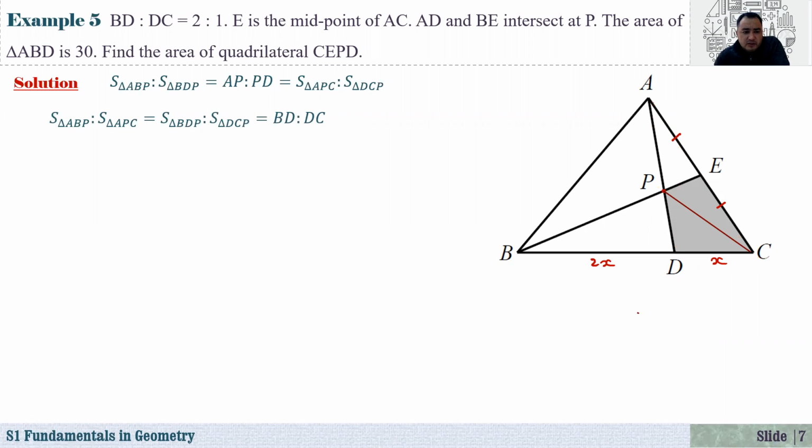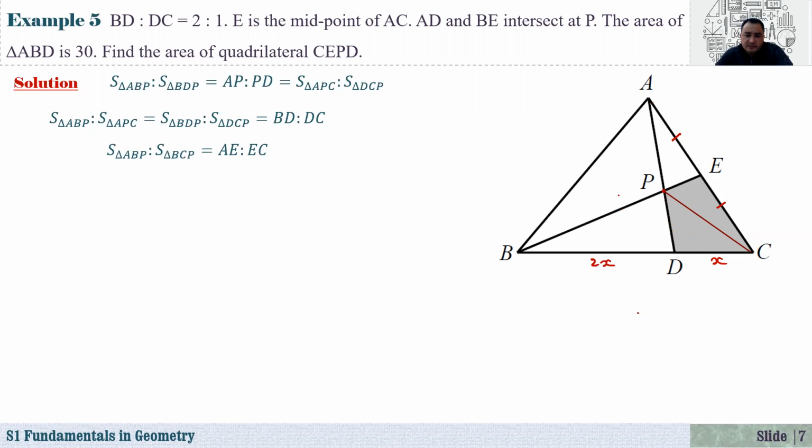On the other hand, the ratio of triangle ABP to APC, you can see here, this one is APC. We have two triangles here, and that's equal to the area of BDP to DCP, because again their heights are the same.